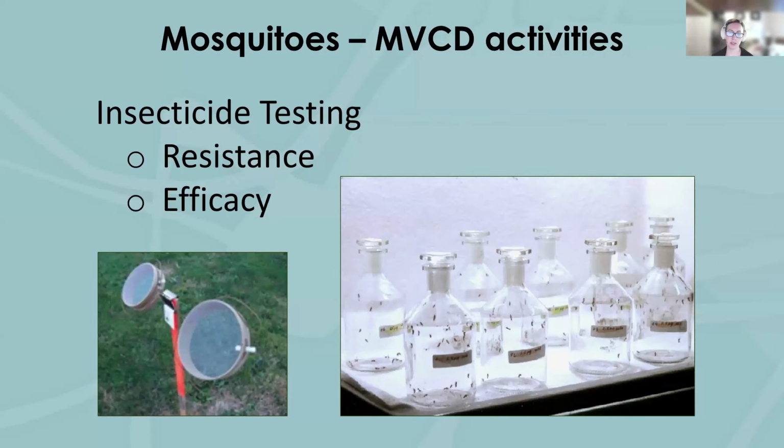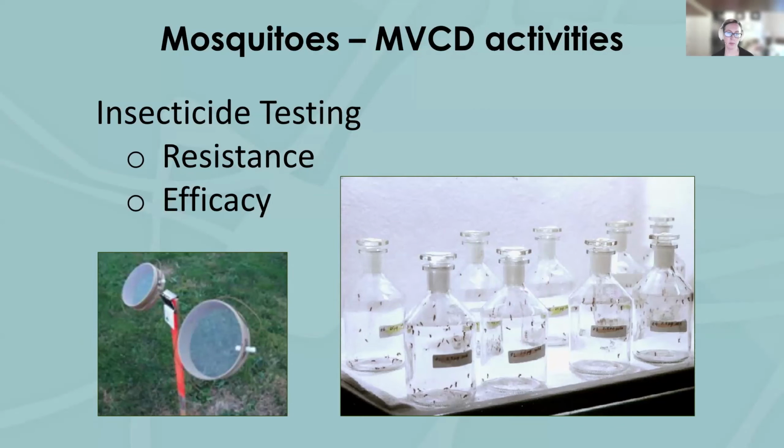Other mosquito and vector control activities address the efficiency and sustainability of our IVM programs in a lot of different ways, but a couple of those are resistance testing and efficacy evaluation. Resistance testing looks at whether insecticide resistance is occurring to the materials that we're using. It's known that if insecticides are used continuously for a long period of time, the population that they're being used against can actually build up a resistance or a tolerance, and the material can become no longer effective.